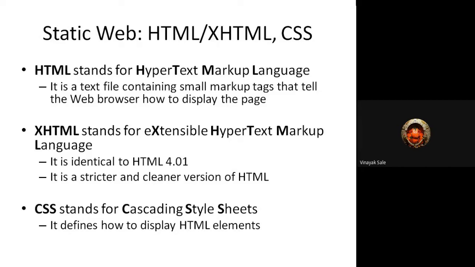Then XHTML, which stands for Extensible Hypertext Markup Language. It is identical to HTML version 4.01, a stricter and cleaner version of HTML. Then CSS, that is cascading style sheets. It defines how to display HTML elements.